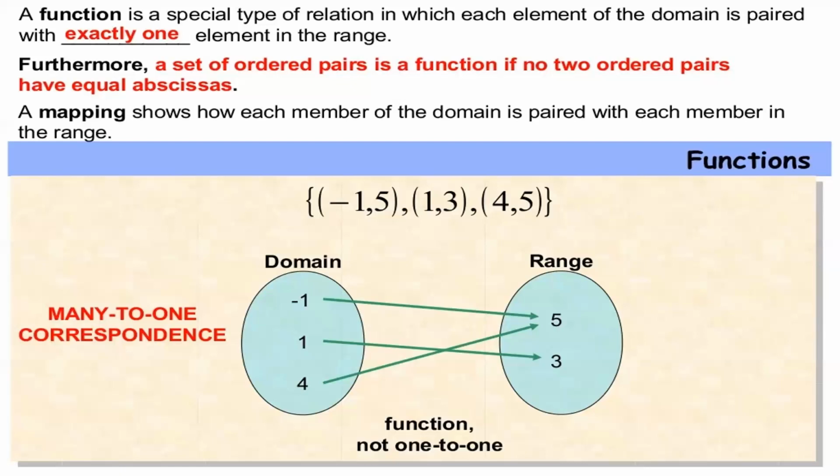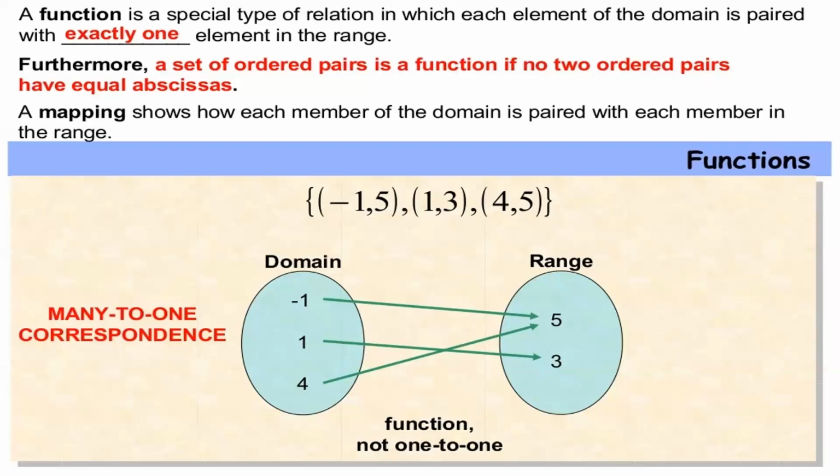It doesn't matter if the range has many corresponding values of the domain. We just ignore the range. If the range has many corresponding values, we will focus on the domain because the domain is our independent variable.